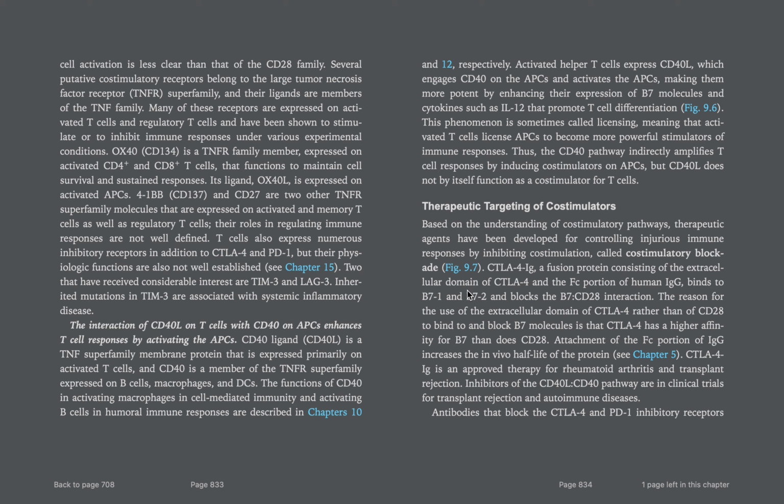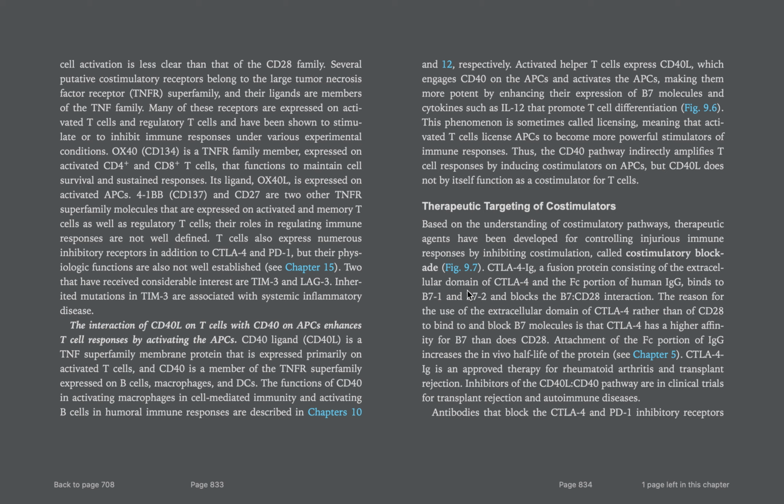This phenomenon is sometimes called licensing, meaning that activated T cells license antigen-presenting cells to become more powerful stimulators of immune response. Thus, the CD40 pathway indirectly amplifies the T cell response by inducing costimulators on antigen-presenting cells, but CD40 ligand does not by itself function as a costimulator for T cells.